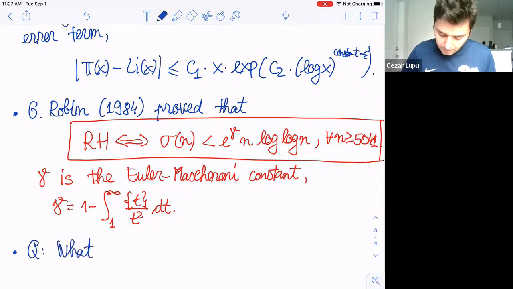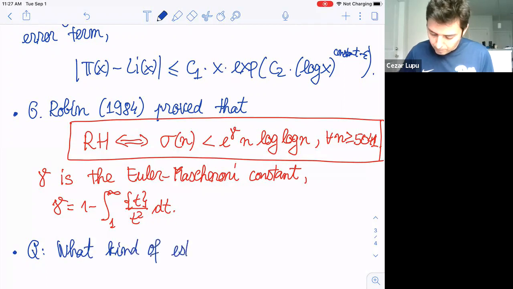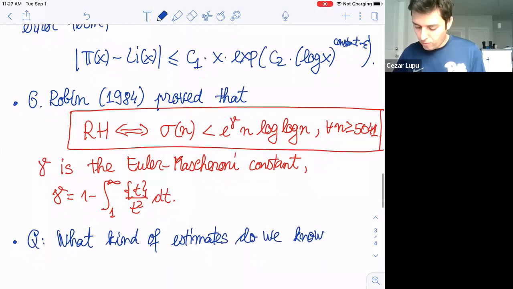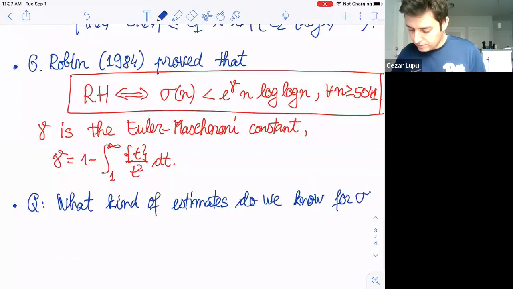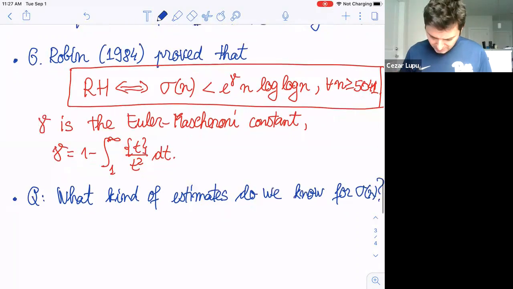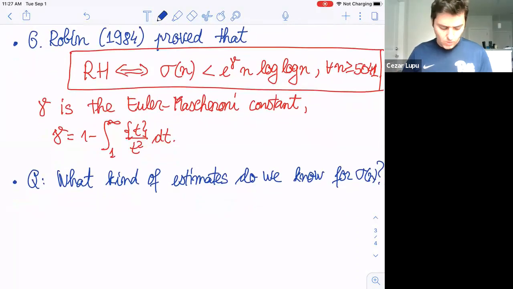What kind of estimates do we know for sigma of n? Of course, you can say those elementary estimates, but I want to dive more into details here, something more serious.